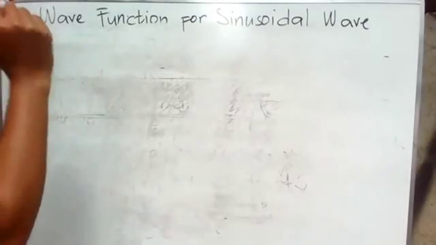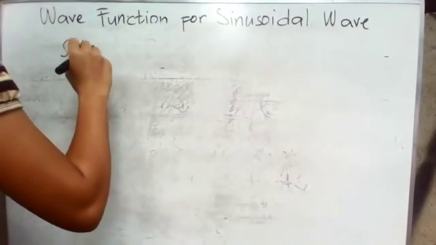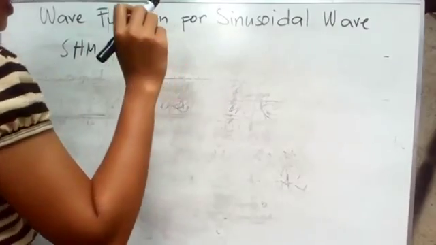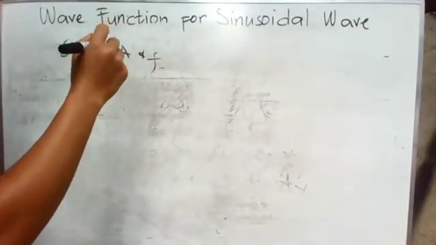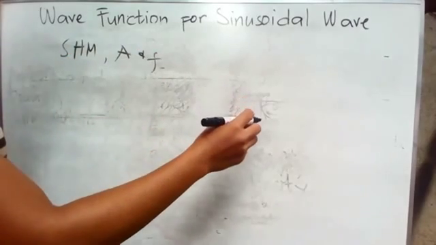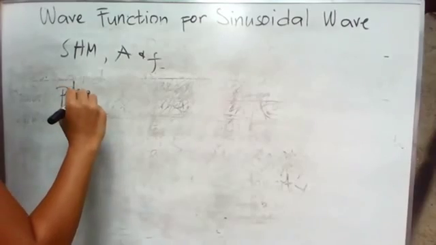Every particle of the string oscillates with simple harmonic motion with the same amplitude and frequency. Oscillations of particles at different points on a string are not all in step with each other. We call this difference the phase difference.